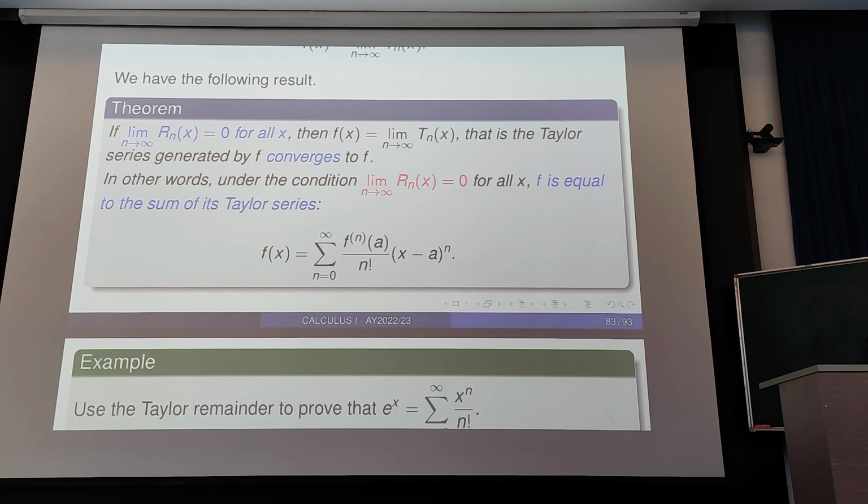Yeah, you can see this statement more precisely. If the limit of the remainder term tends to 0 for all x, then f is equal to the sum of its Taylor series. That means if this limit is non-zero, the function f cannot be rewritten in the form of a Taylor series. That is the case mentioned in the first remark.